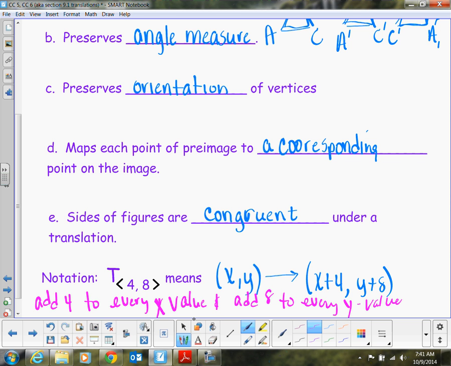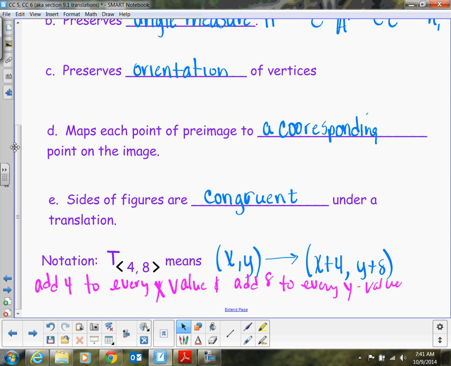That should be on the inside of your flap. Preserves length, it preserves angle measure, it preserves orientation. It maps each point of a pre-image to a corresponding point on the image. Sides of figures are congruent. Oh, I don't want congruent. I want parallel. Or we could do both.